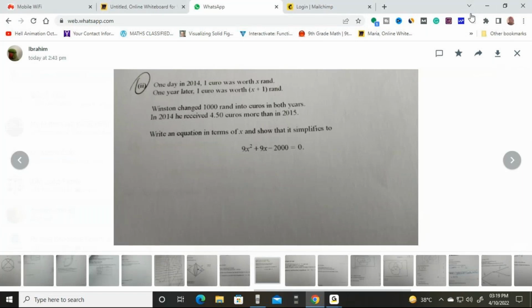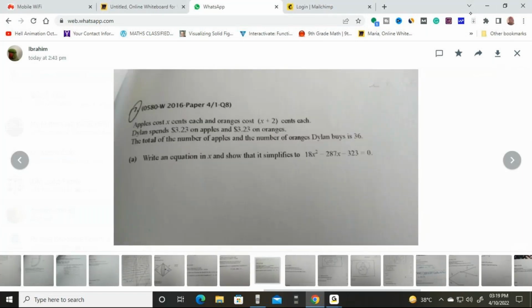Okay, and now we just go on here to the next question. Next question says it's 2016 paper 4-1, question 8. Now, apples cost x cents each and oranges cost x plus 1 cents each. Now, Dylan spends $3.23 on apples and $3.23 on oranges.